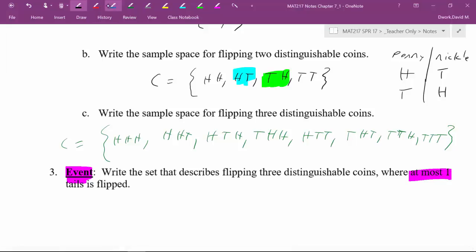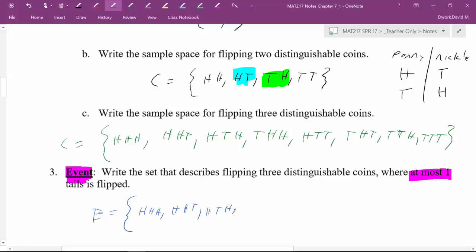Okay, so from what we just did, in my set here, I'm going to look at all the different elements that have at most one tail. So I could have heads, heads, heads. Keep that one. I can keep heads, heads, tails because it has one.